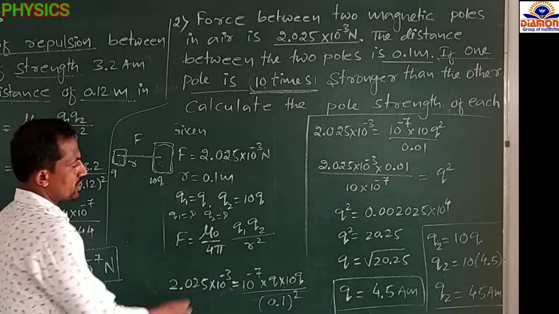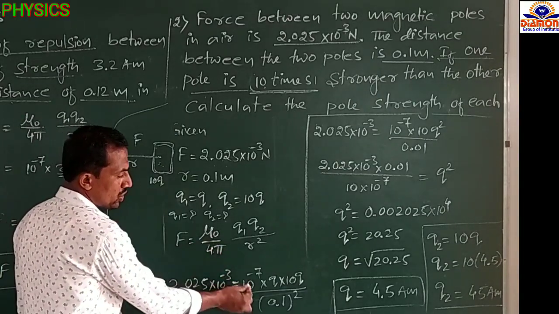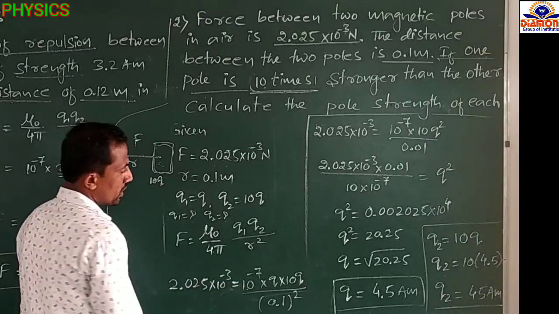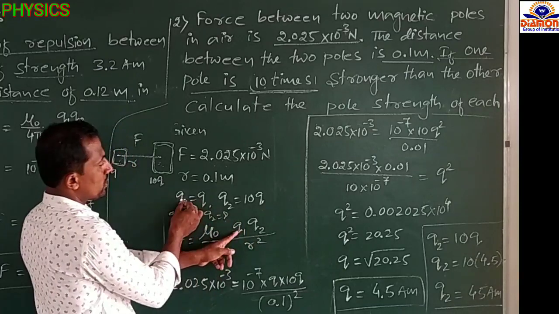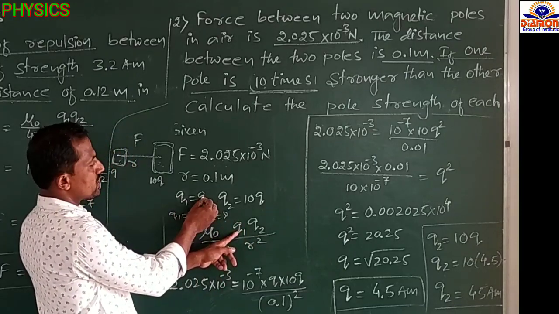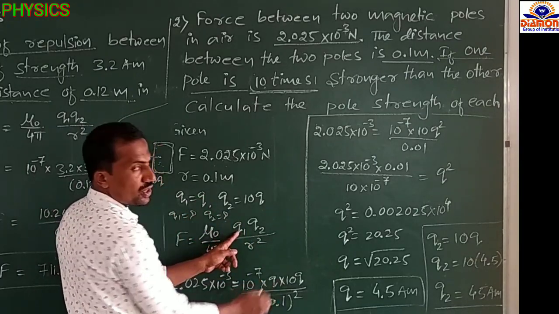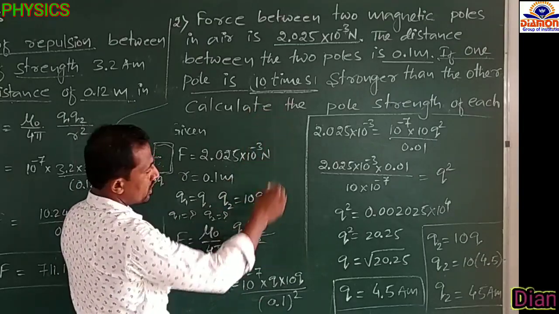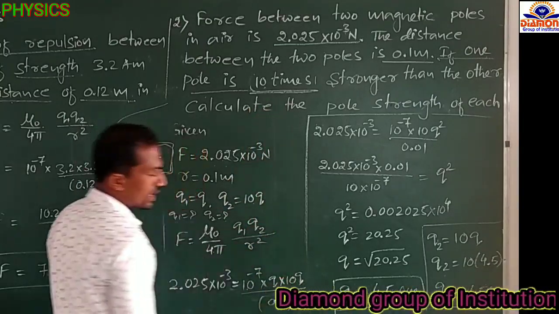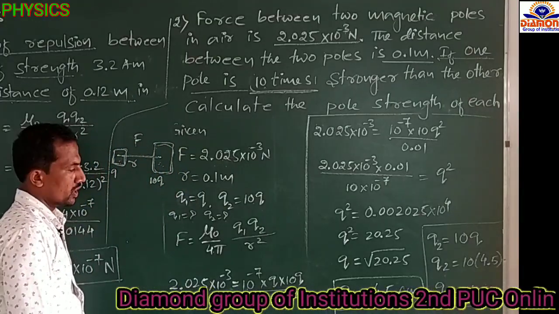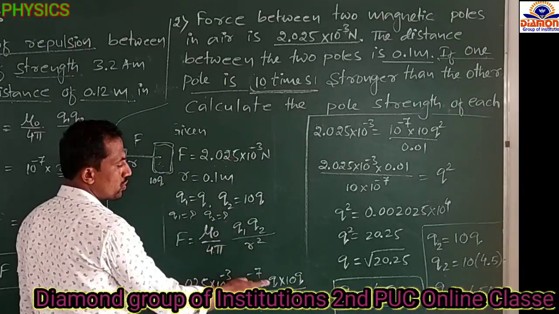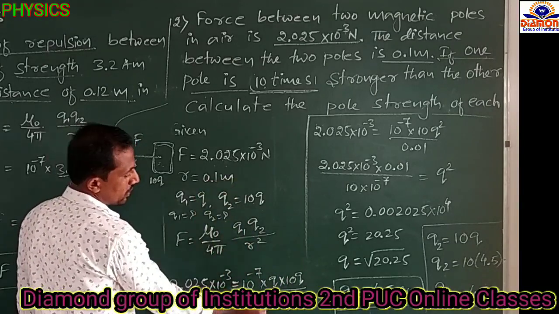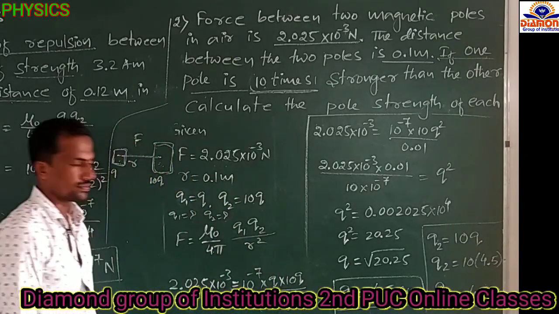Next, mu naught by 4 pi, the constant of proportionality, its value is 10 to the power of minus 7. Q1 we don't know, but the first pole strength is Q. The second is 10 times stronger, so in place of Q2 we write 10Q. The r value is 0.1 square.